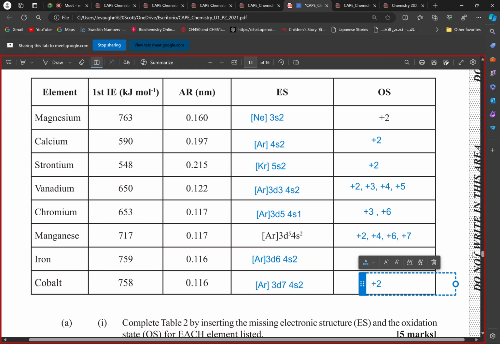Right, what are the cobalt states though? It's going to be +2 and +3, right? So I think +3 is also stable for cobalt, and that should be fine. So you guys should be able to handle this, right?